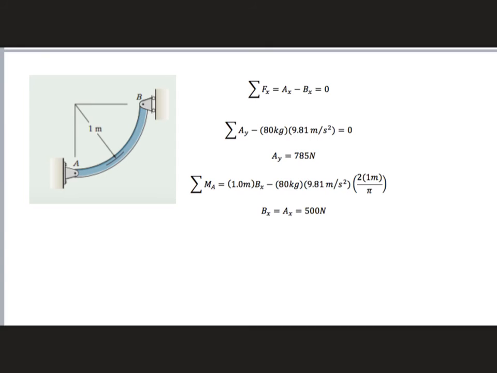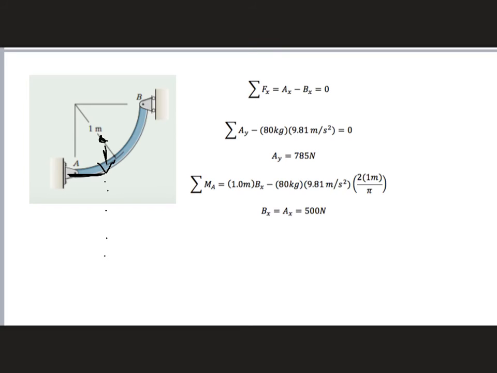Remember, our center of mass is going to be 2 over pi over, so it's going to be over here somewhere. The moment arm is just going to be that distance, because the weight is going down like this, and that distance is the moment arm to our axis of rotation.